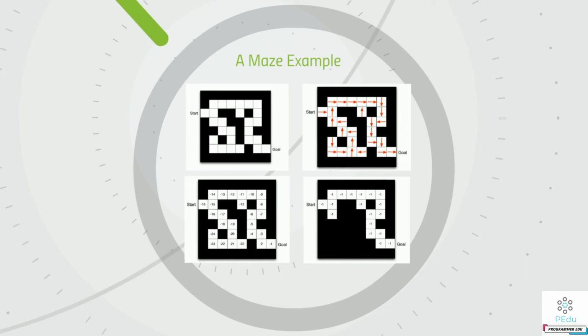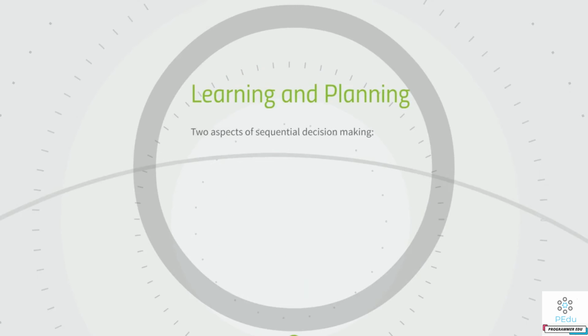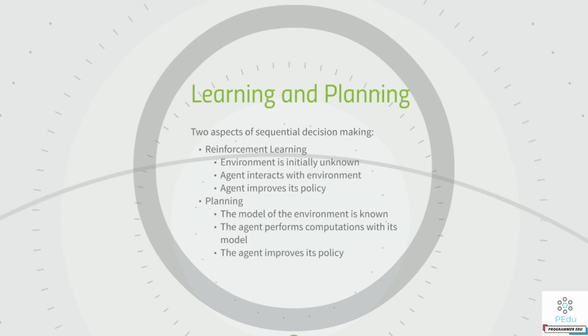So let's move on, and we're going to talk about learning and planning a little bit, and how our agent can use reinforcement learning or use planning and beliefs about its environment to move forward. These are the 2 aspects of sequential decision making, and reinforcement learning is primarily concerned with sequential decision making. The first is reinforcement learning, the second is planning.